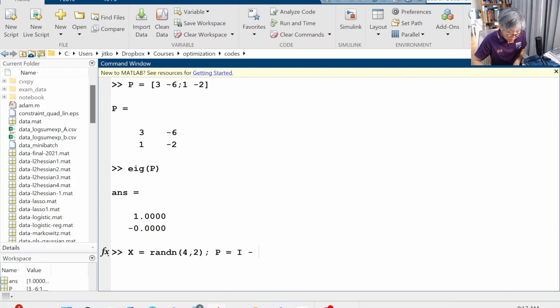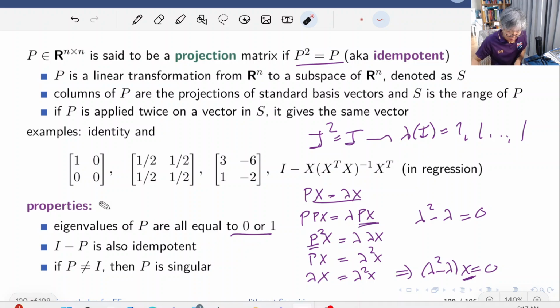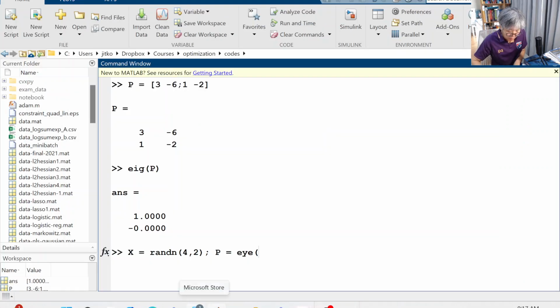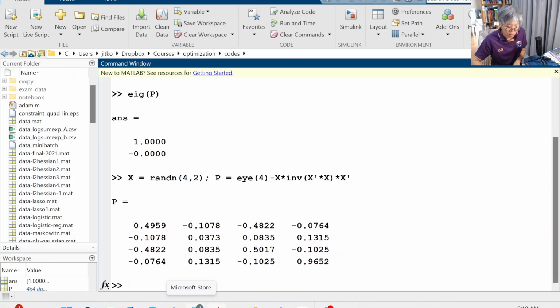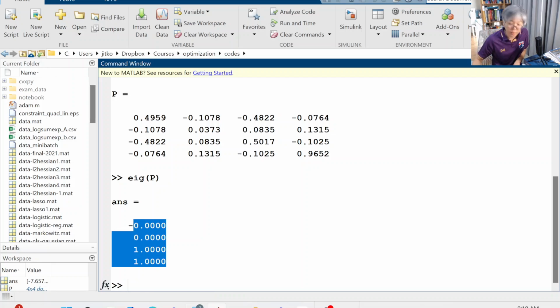So my P is going to be the identity, which must have the same number of rows as X, so in this example, 4, plus X times the inverse of X transpose X times X transpose. This is my P. Now I'm going to show you that the eigenvalues of P are either 0 or 1.